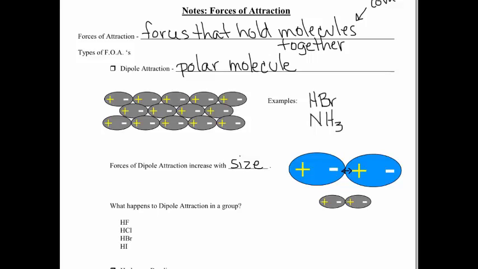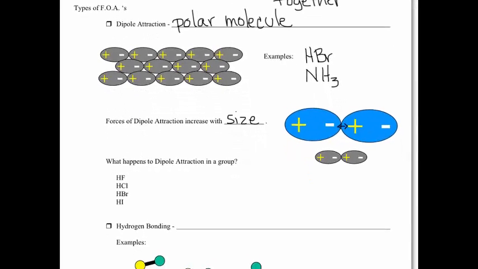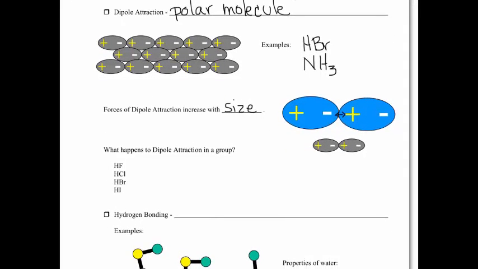If we were to look at a whole bunch of different molecules made from elements in the same group, what we have in this list here are HF, HCl, HBr, HI. H is the same in all of them, and all I did was take elements from the same group or family, this being the smallest one all the way down through the largest one there.